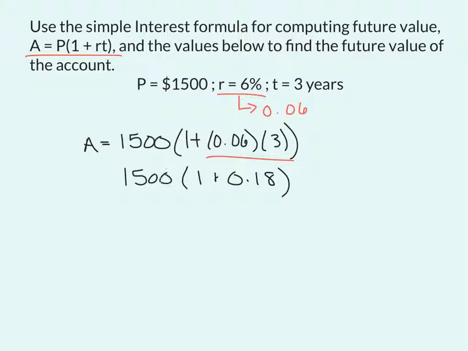And I'm just rewriting everything so I can stay organized in my calculations. Next, we'll look at the parentheses again, and we'll add 1 plus 0.18 together, and that is 1.18.